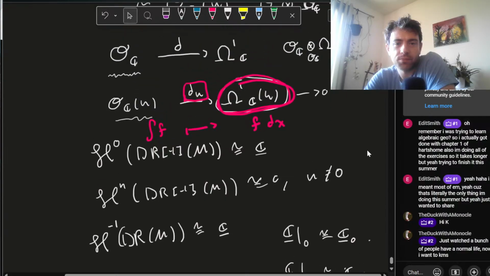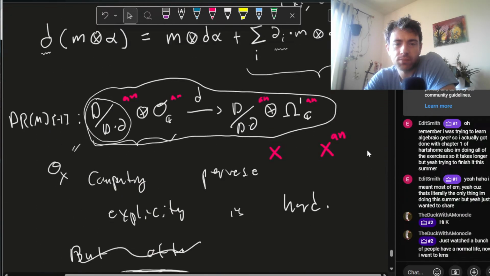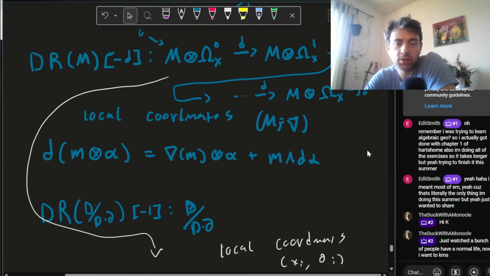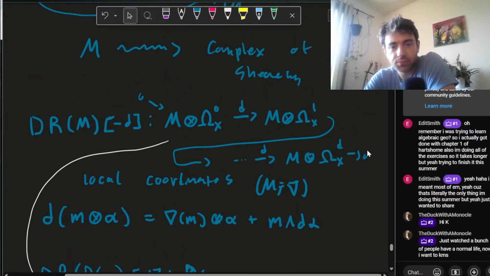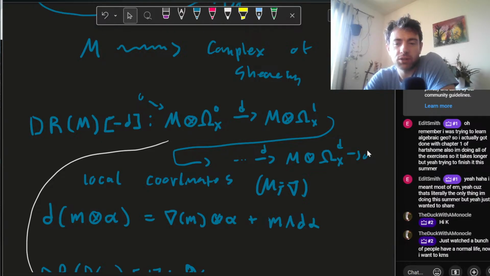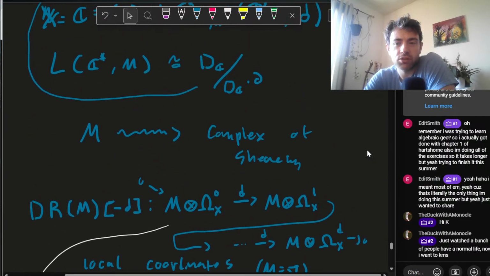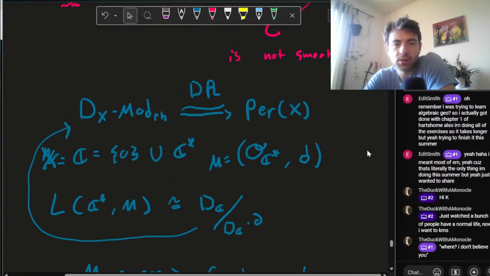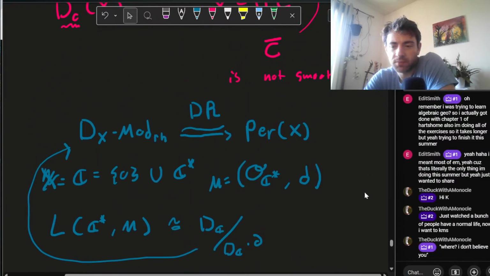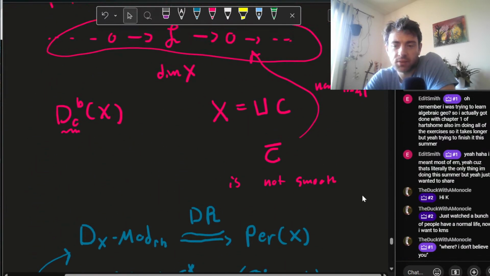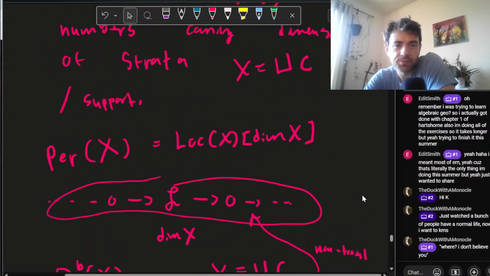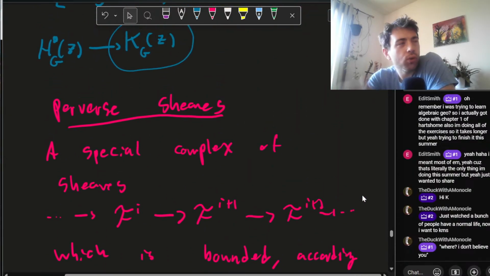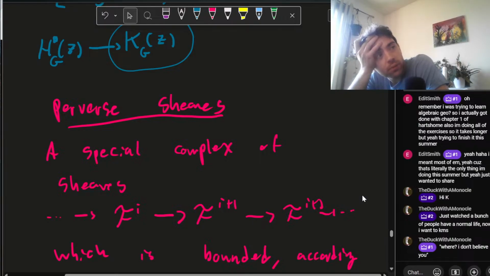So that basically completes the computation. And we could repeat this with each of the other complexes. So, what else is there to say?